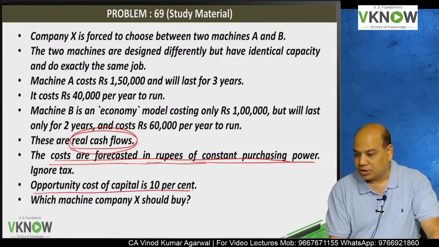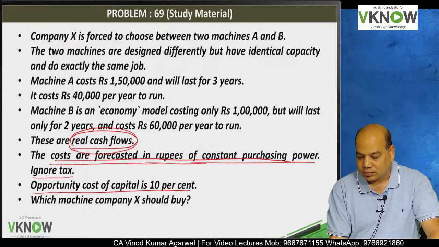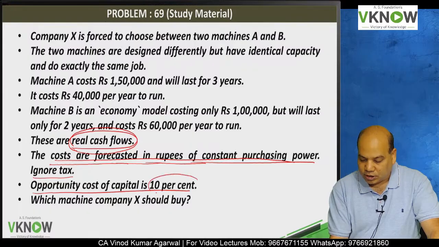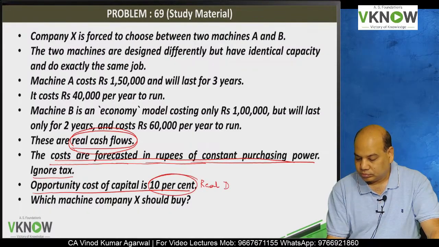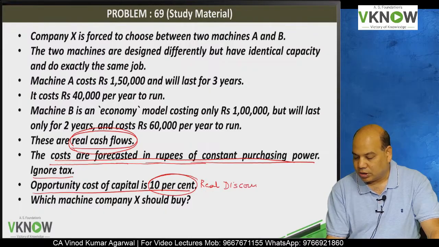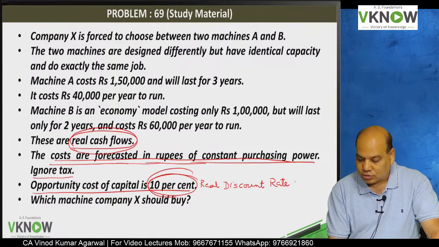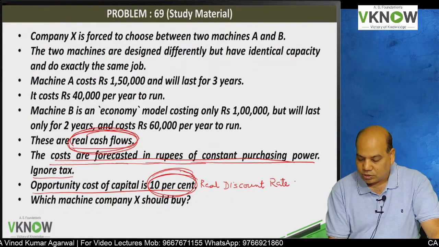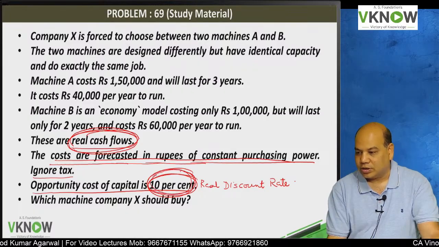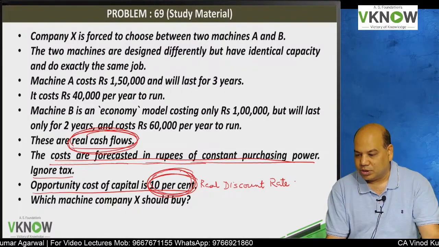Opportunity cost of capital is 10%. Ignore taxation. We will assume that this is also the real discount rate. Real cash flow discounted using real discount rate will give you NPV.